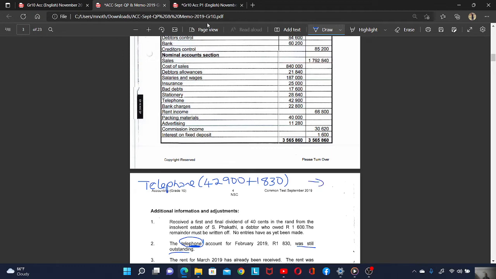Then you write the total here. So 42,900 plus 1,780. The answer is 44,780.